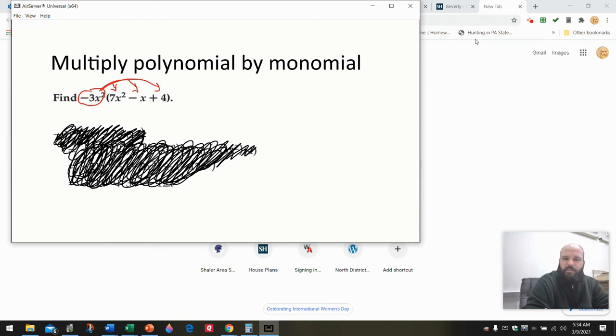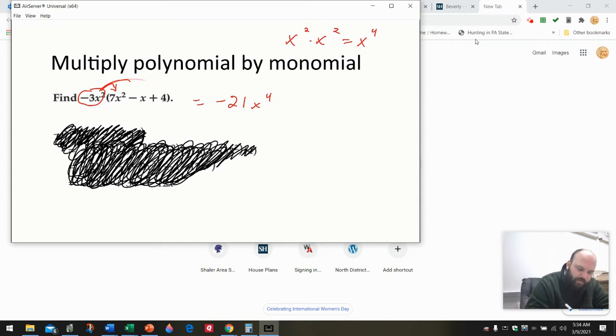We start by multiplying the constant coefficient, in this case, negative 3 times 7, which gives us negative 21. Then we have x squared times x squared. If you recall, when we have x squared times x squared, we add the exponents and it becomes x to the 4th.